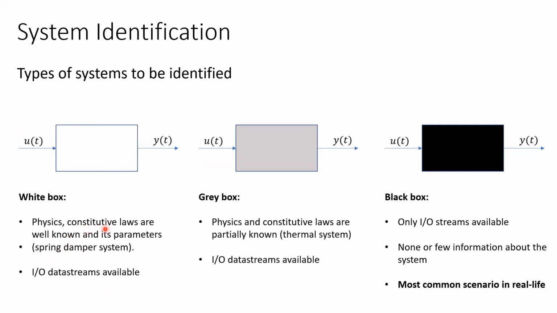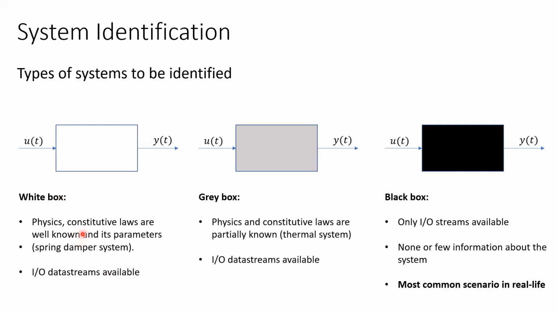We know all the physics, constitutive laws, and the parameters of the system. We know everything, and let's say that this is a white model. We know everything about it, and this is good. And also we can have some data streams available about that system, and that's perfect.